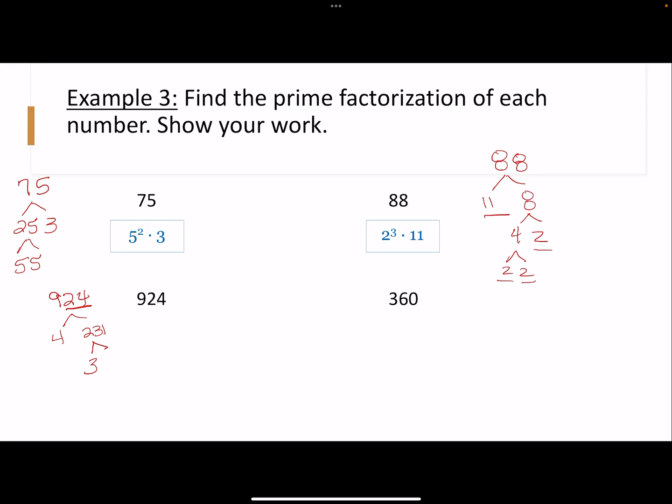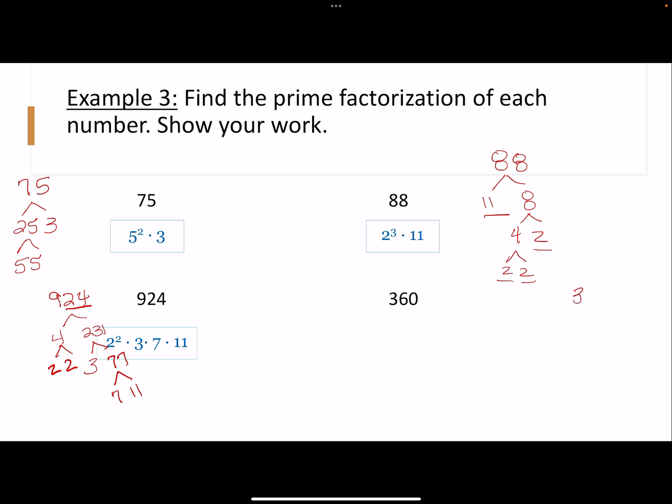We get 77. And 77 divides into 7 times 11. These are both prime. And then I'm going to come up here and finish 4. That's 2 times 2. So let's see what we end up with. 2 squared times 3 times 7 times 11.